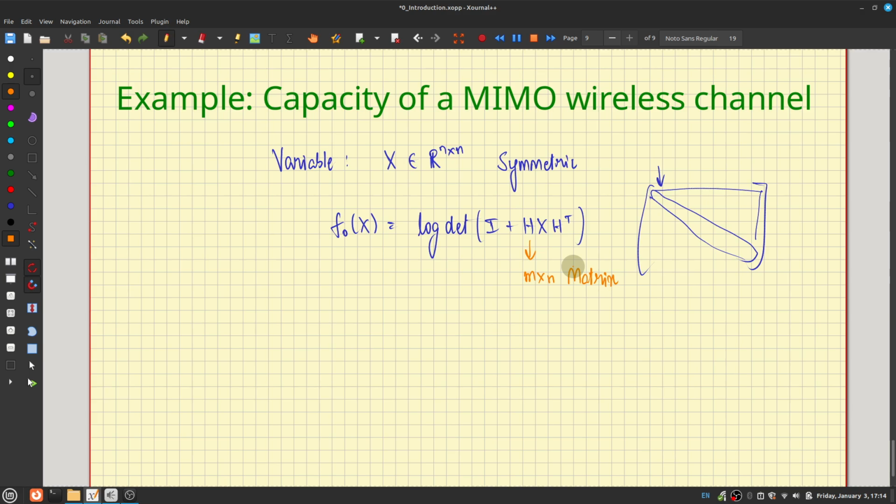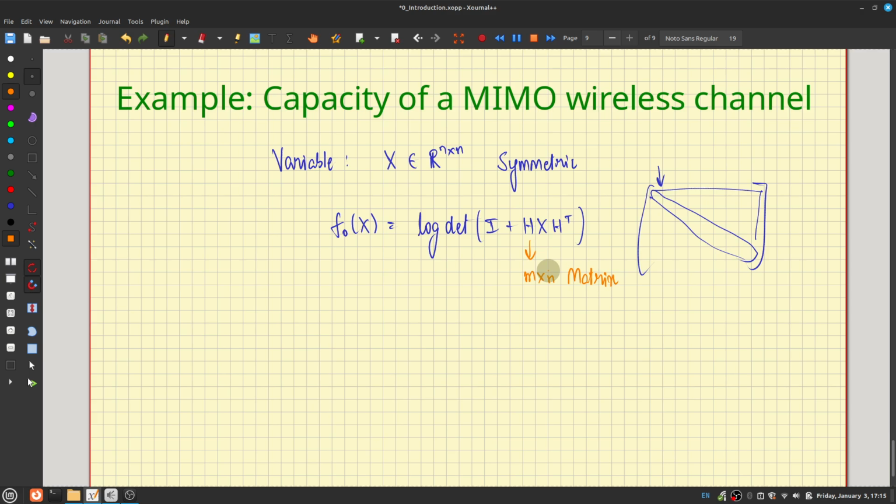Again, I'm not going to go into too much of the background of where this objective function comes from. Just to give a very high level overview, this turns out to be the maximum transmission rate that you can achieve in a wireless communication medium with N transmit antennas.